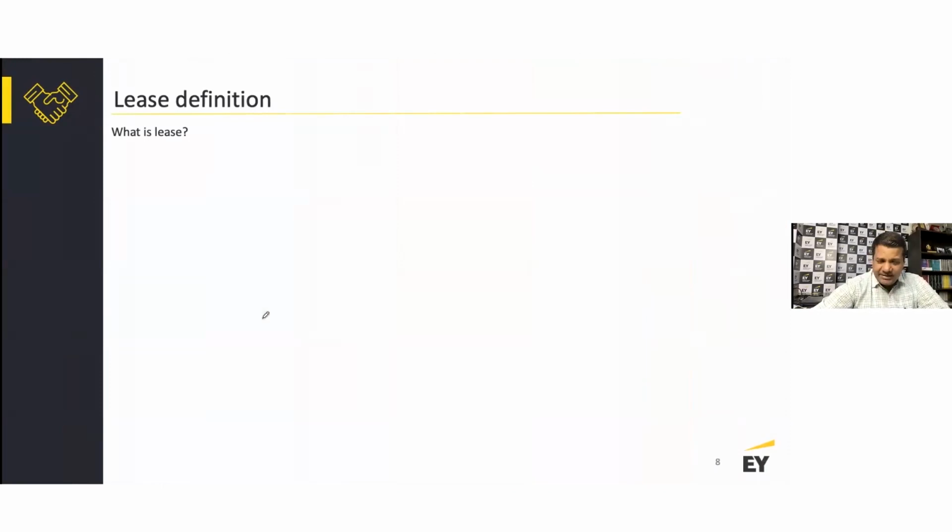As I said, a very simple example you can think about is in your own situation. You ordinarily rent a flat where you stay, unless you're the owner of that flat itself, or a house or a building. That's the most common example which we see.